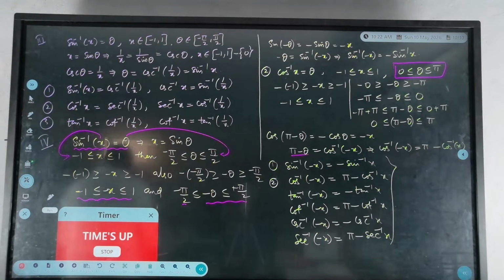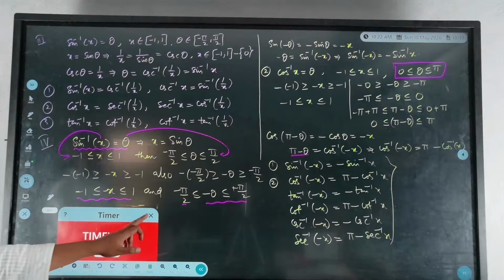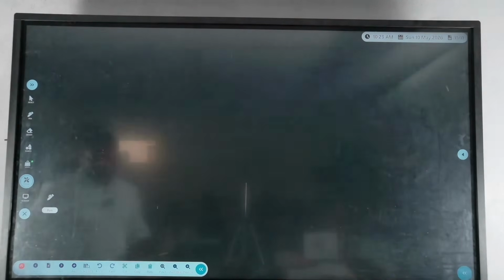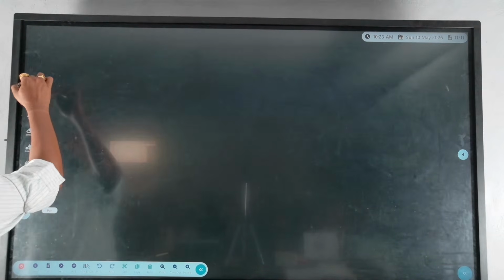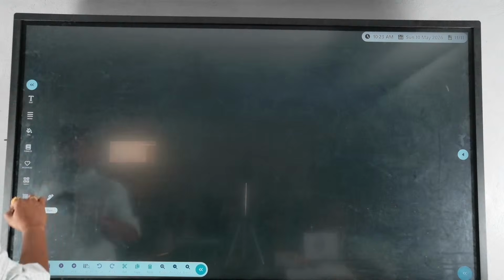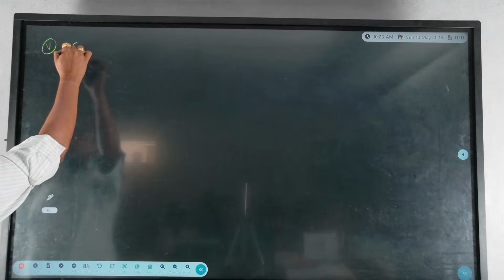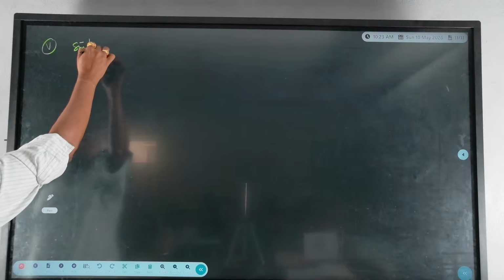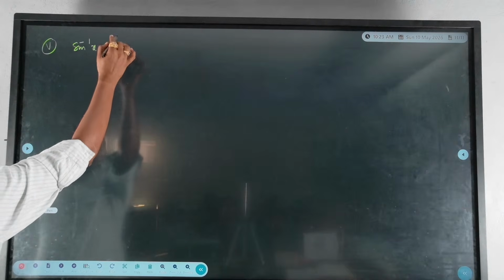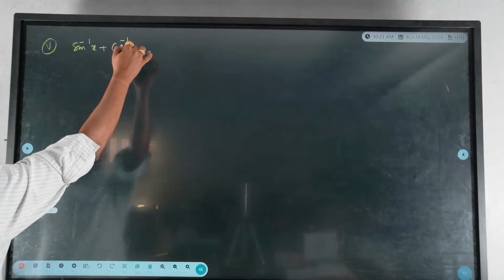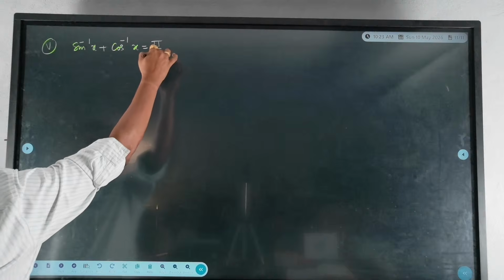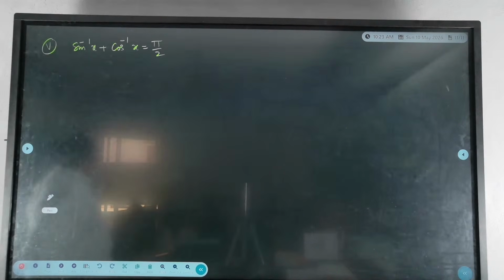Right, next. Sin inverse x plus cos inverse x is equal to pi by 2. Okay.